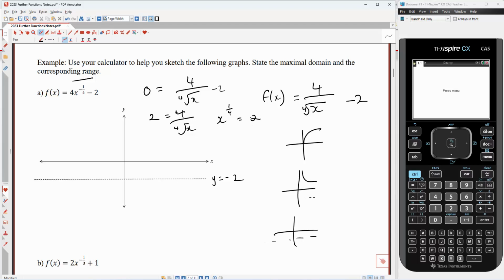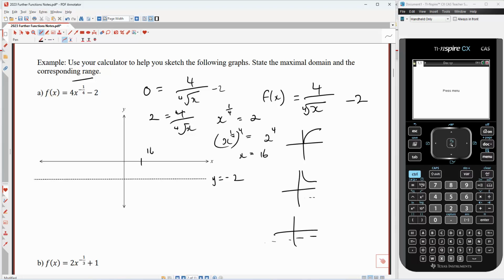And then what I'll do is power 4 both sides. So x to the quarter to the 4 equals 2 to the 4. That gives me x equals 2 to the 4, which is 16. Okay, so we've got an x-intercept of 16.